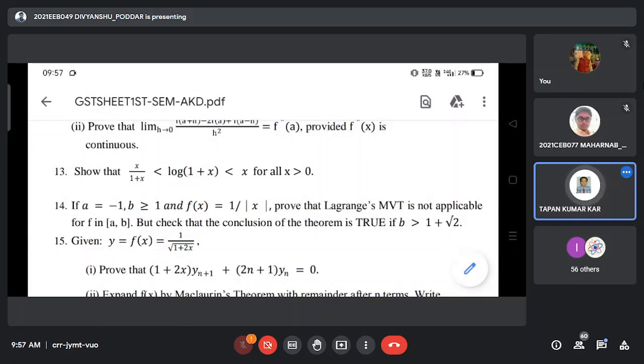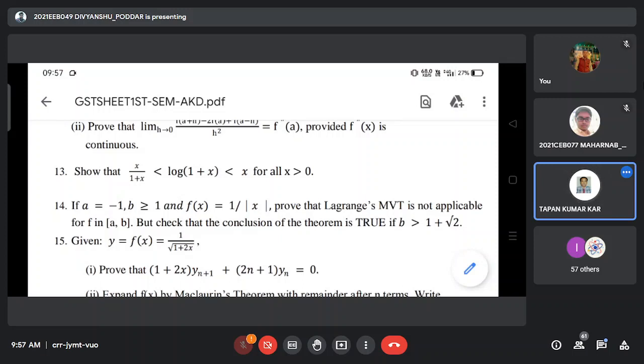Forget about whether it is Lagrange's mean value theorem or whatever. Just think about the problem: fb minus fa by b minus a equal to f dash c. Now check whether in the interval a and b, when b greater than 1 plus root 2, you are getting this or not.